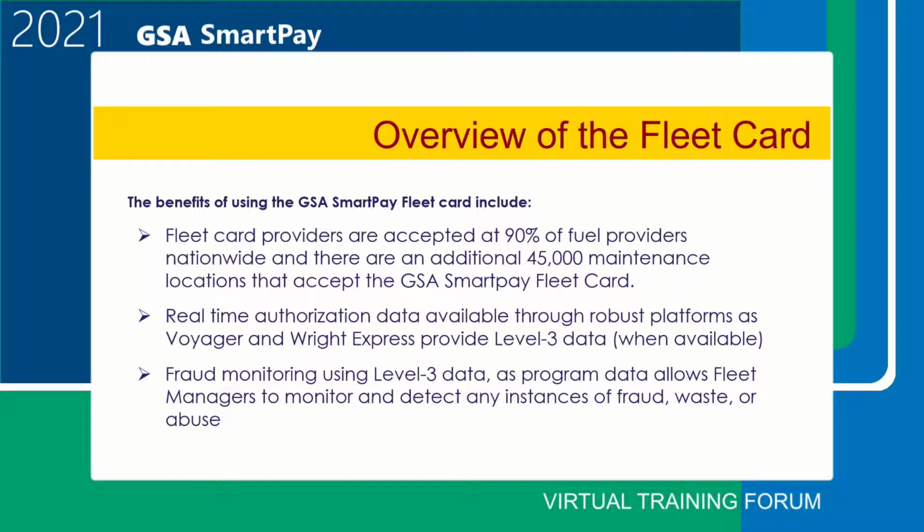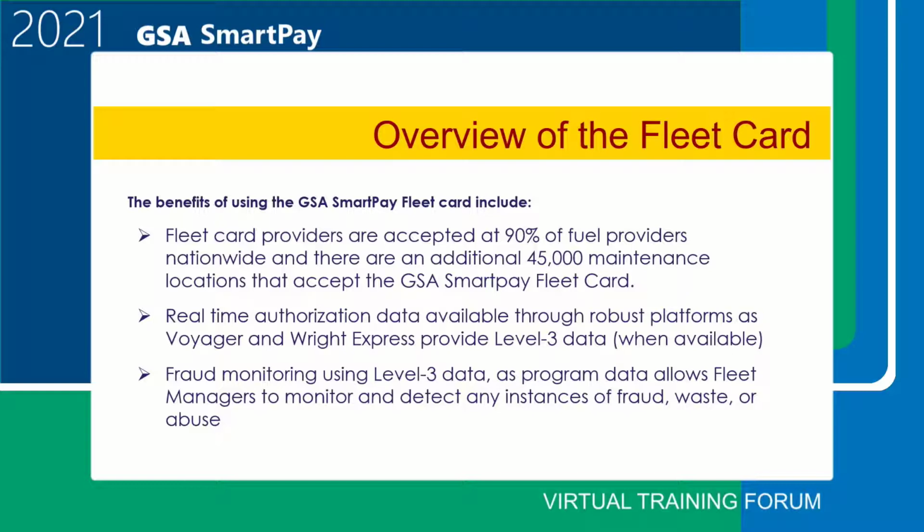Now remember, when you go to a maintenance station, your agency may have limits on what could be bought there or a spend amount that could be spent there. So for instance, GSA Fleet usually has a limit of $100 that could go on the fleet card for maintenance.